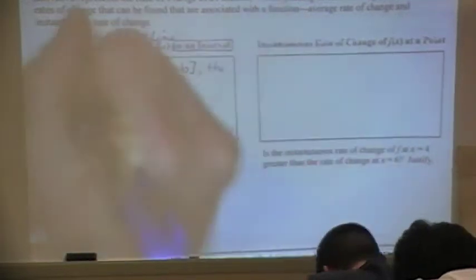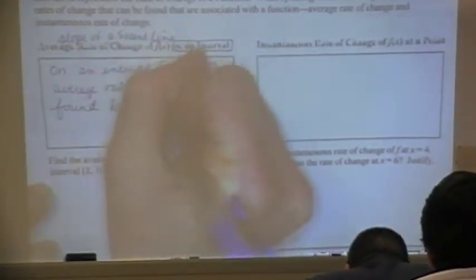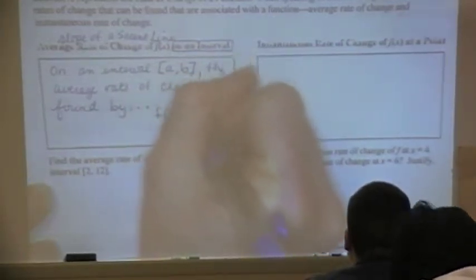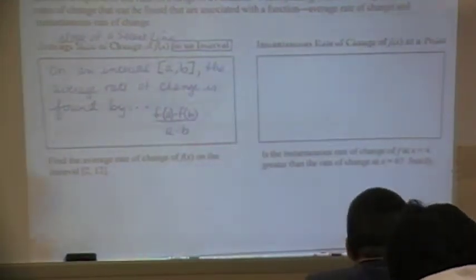So we're going to say on a closed interval, A to B, where A and B are numbers. Change is just going to be found by using the slope formula.